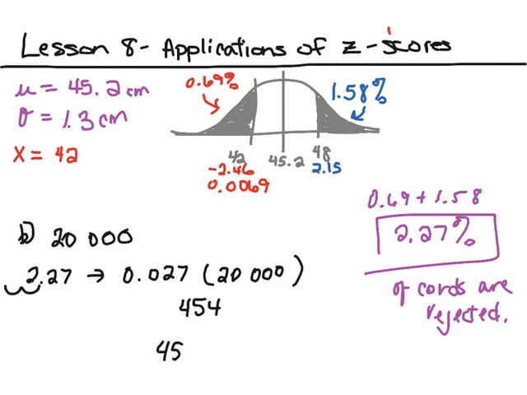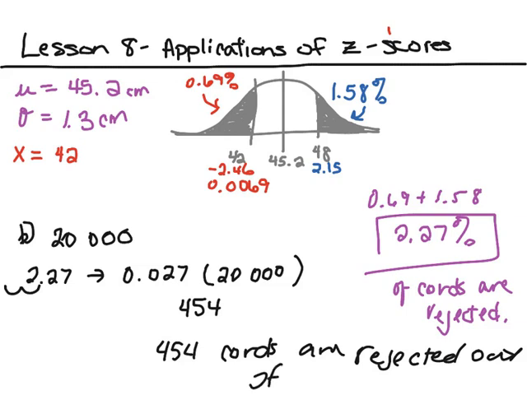So 454 cords are rejected out of 20,000 cords. That is really messy, but I said it out loud. So 454 cords are rejected out of 20,000 cords. There you go.